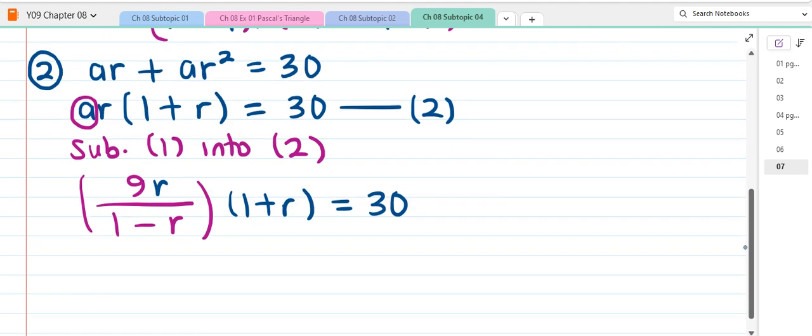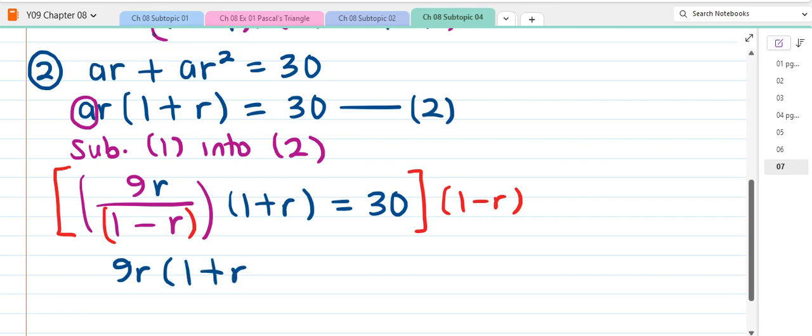And here you can see, in order to solve this equation, it's easier to not have a denominator, so we do not want a denominator over here. Multiply the whole equation with 1 minus r. So on the left side, the 1 minus r is cancelled, so 9r bracket 1 plus r, and then the 1 over r is cancelled, equals to, on the right side, 30 bracket 1 minus r.